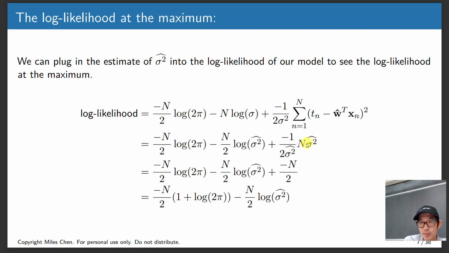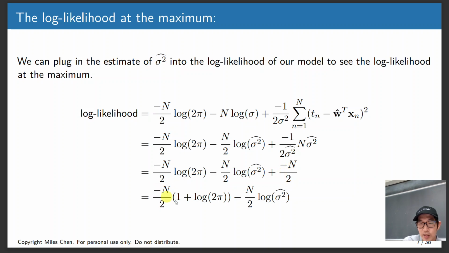And so this will cancel out with this, and I am left with basically negative n over 2 log 2 pi minus n over 2 log sigma hat squared, minus, and this just becomes negative n over 2.